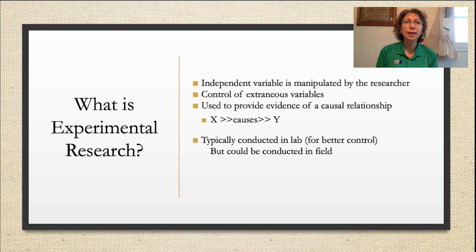So the two main rules are that the researcher has to manipulate the IV. They have to manipulate the independent variable and proactively indicate which condition participants are in. So back to that ice cream and temperature.